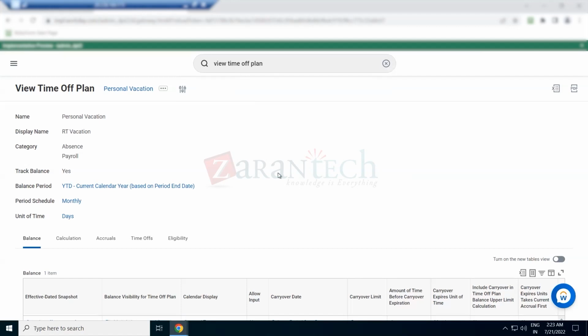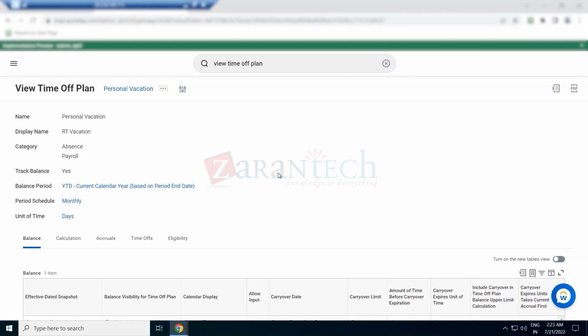In a real environment, they connect with the consultant and fill a workbook, where they discuss what kind of plan they would have. Basically, a workbook is filled by the consultant, called the absence workbook. The HR team and the Workday team consult each other in terms of what they want.